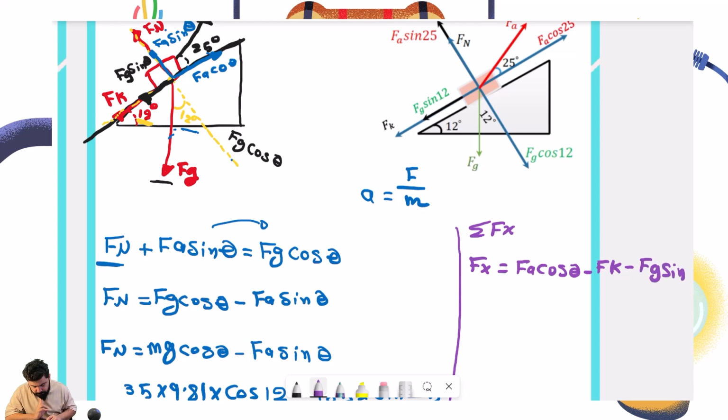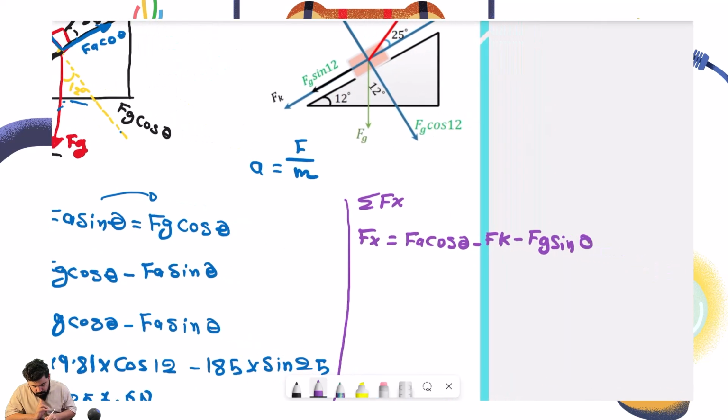Be careful. Can I write Fk and Fg first? Yeah, but make sure that this one doesn't become negative. You know what, let me write Fk last. So we have Fa cosine theta plus, sorry, minus Fg sine theta minus Fk.